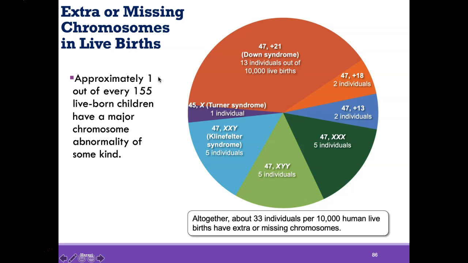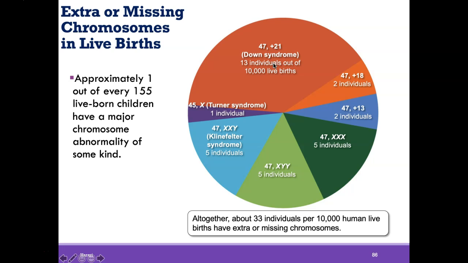Approximately 1 out of every 155 live-born children have a major chromosomal abnormality. Most of those are Down syndrome, the most probable trisomy to have and to live with.